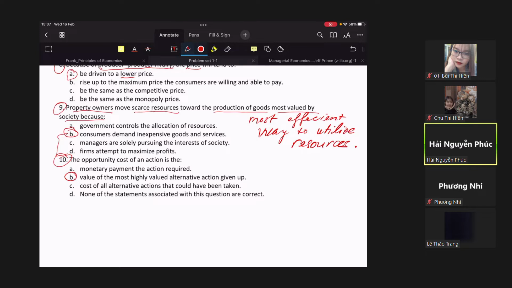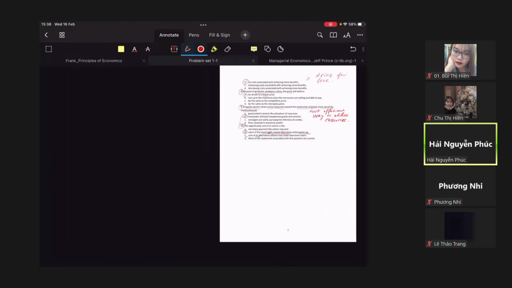The value of the most highly valued alternative action that was given up. It's very important that it is not to be confused with option C. It is not the cost of all alternatives. It is only the cost of the most highly valued alternative option, right?